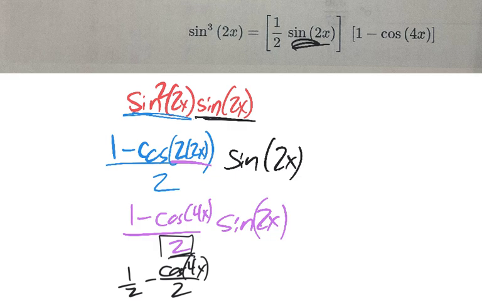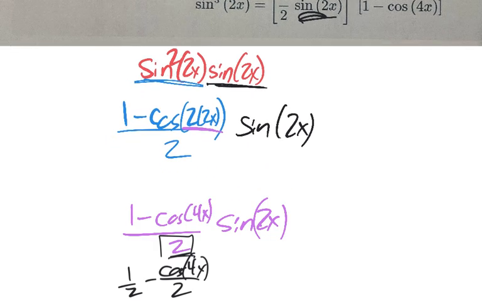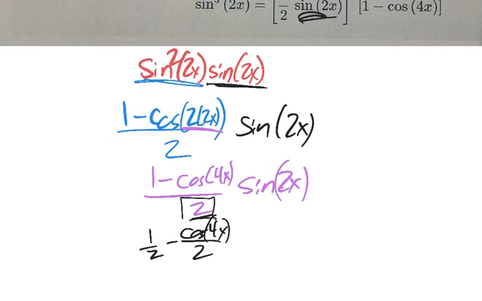Nope, I don't want to do it this way. This is allowed, what I did, but I'm looking at my final answer, right? I want to leave it as 1 minus cosine of 4x altogether. So let me change this slightly.